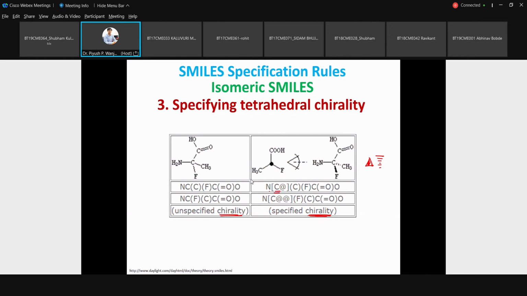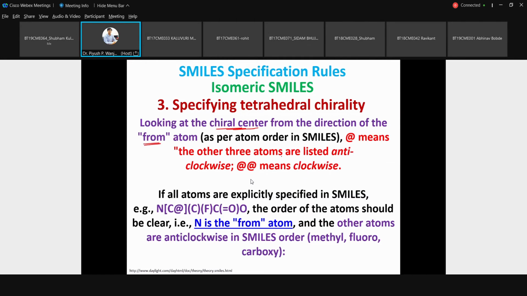So you write the nitrogen first, then in the square bracket you write carbon, and then you have to denote whether you are looking at the other three groups clockwise or anti-clockwise. When you are using only one at symbol, it means anti-clockwise, whereas when you are using two at symbols in continuation, you are representing the structure clockwise.